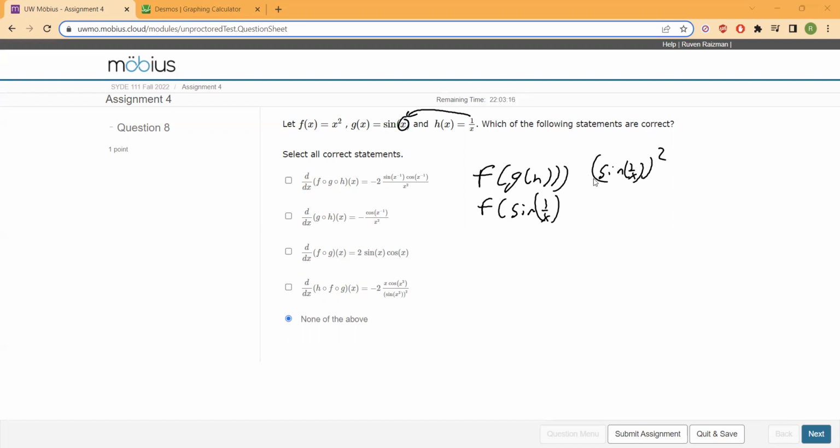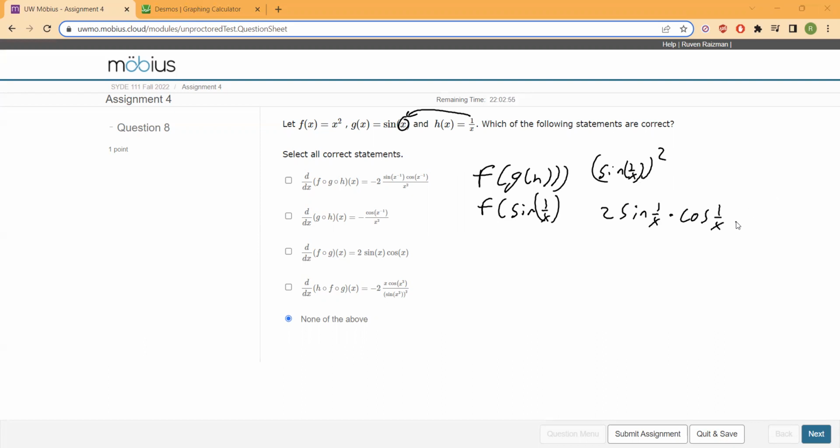So now if we take the derivative, we just need to be careful with applying our chain rule. I'm just going to check that I did everything correctly. So it's h, g, and g of h. Perfect. So the first thing is going to be 2 sine of 1 over x, times cos of 1 over x, and then we need to differentiate 1 over x.